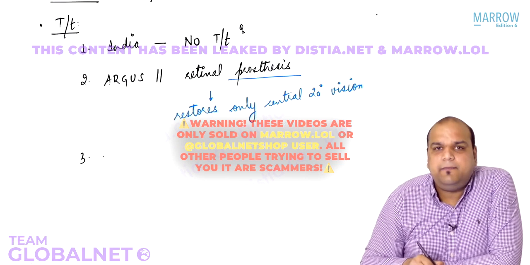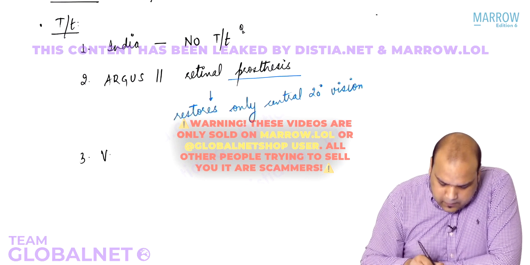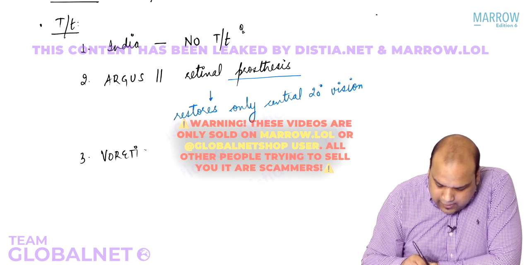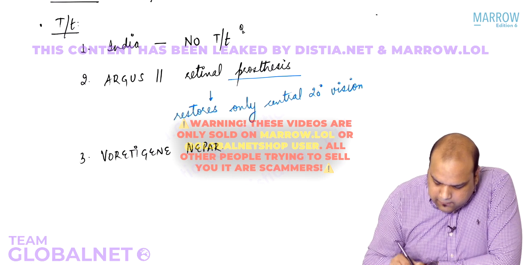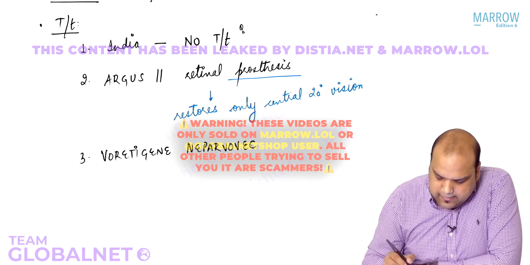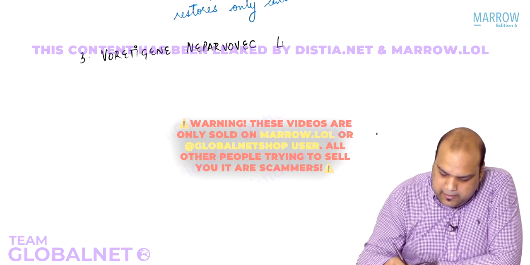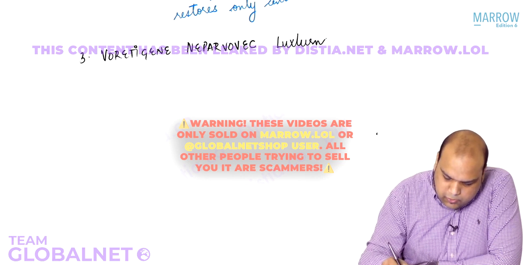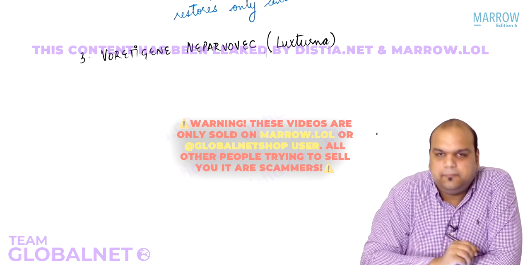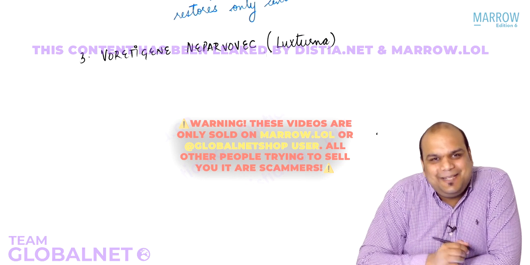Thirdly, there is a drug, everybody, which has been approved by the US FDA called Voretigene Neparvovec. The brand name is Luxturna. Okay. Now this is very easy to remember.